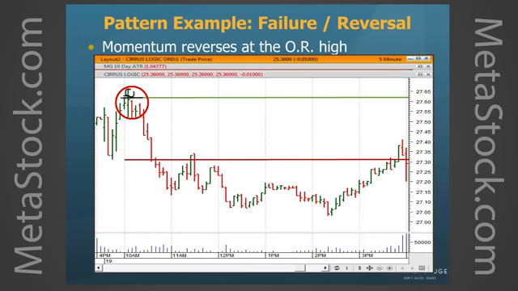All right? I mean, how many of you have bought breakouts only to have them fail on you? You wind up getting stopped out, right? Well, this is a strategy that actually looks for that to happen, measures that it's happening, and takes advantage of it. Now, you also like to do this when you've got a wider opening range, because what you want is the target to be down at the other end of the day.